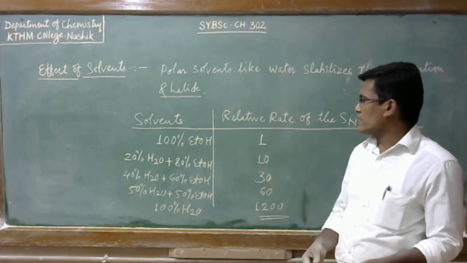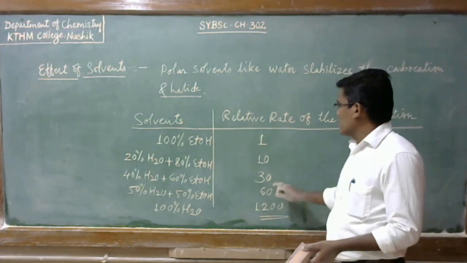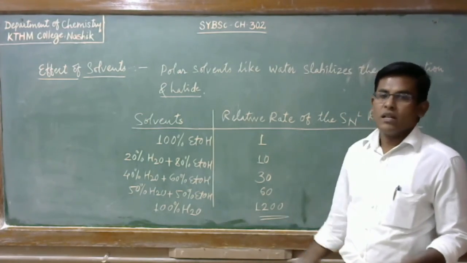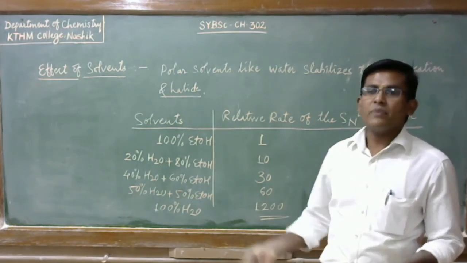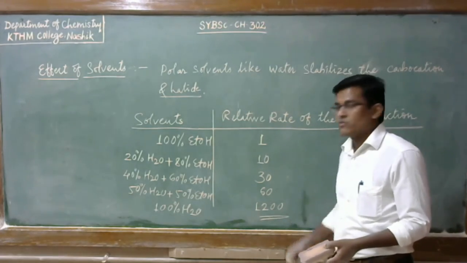If we have 40% water and 60% ethanol, it will be 30, and if it is 50-50, it will be 60, and if you have 100% water, it will be 1200.